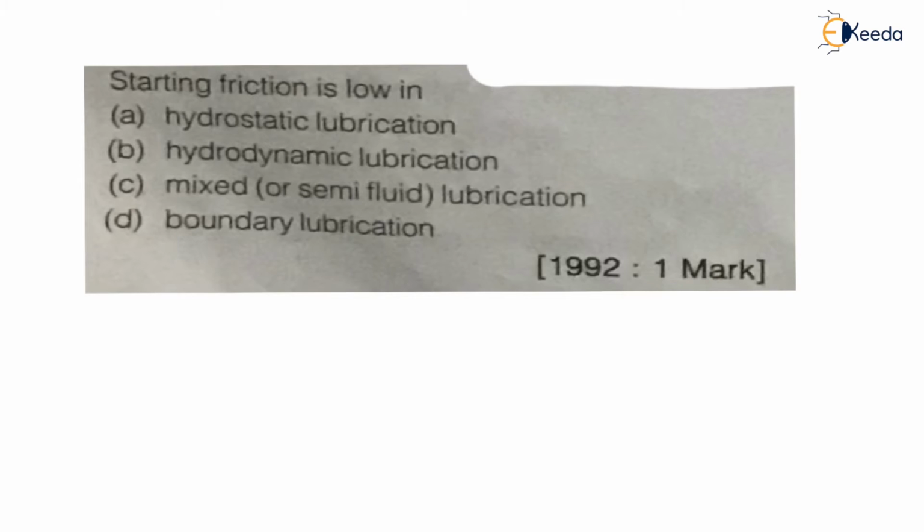My dear students, we must know that during hydrostatic lubrication a thick film is used, and during hydrodynamic lubrication a thin film is used, right? And whenever a thick film is used there will be minimum contact between the journal and bearing. Therefore the starting friction will be minimum for the hydrostatic lubrication condition, that we have already seen in theory. Therefore option A is the correct choice.